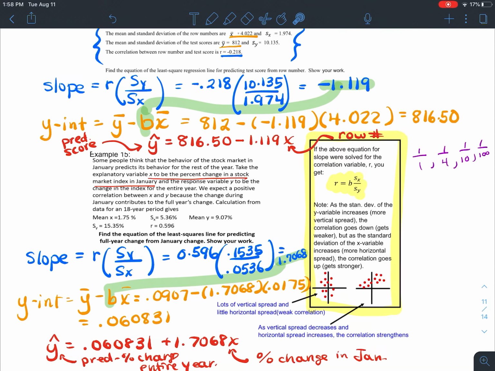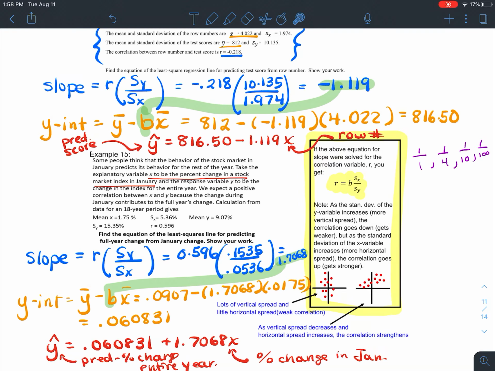Here this is 1, but as my denominator gets bigger, the overall value actually gets smaller. See how this is 1, now we're at 0.25, now 0.1, now 0.01. The bigger you make the denominator, particularly if the numerator stays stationary, the smaller the value of that fraction is.